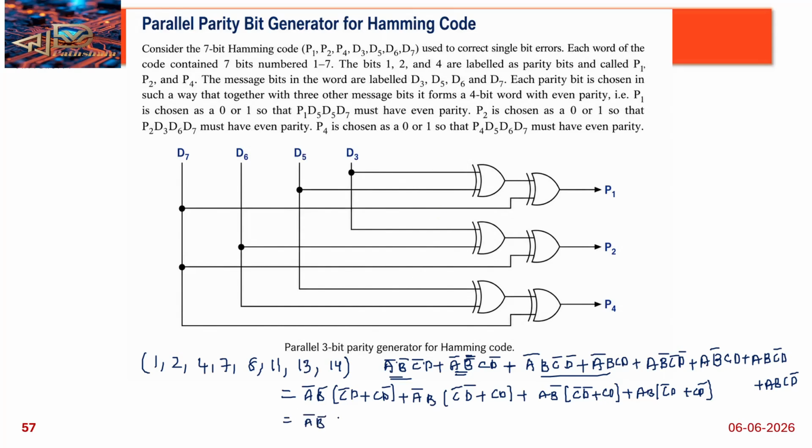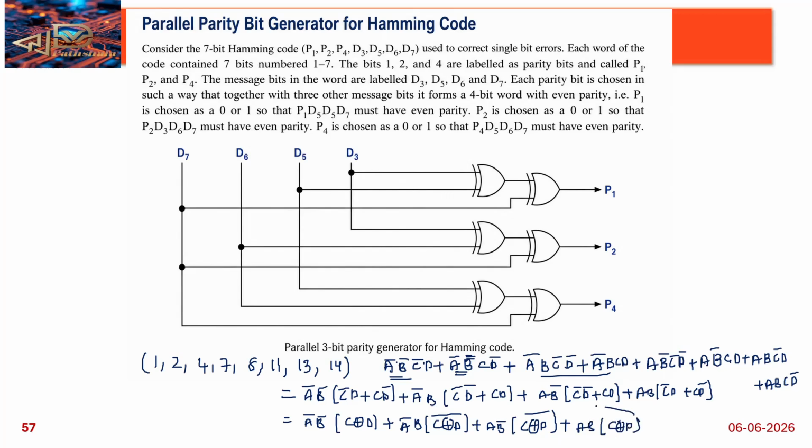Okay, write another equation for this. A bar B bar, and this is the exclusive OR gate, C XOR D, and A bar B, C exclusive NOR, and then A B bar, C exclusive NOR. Again A B, C exclusive OR.